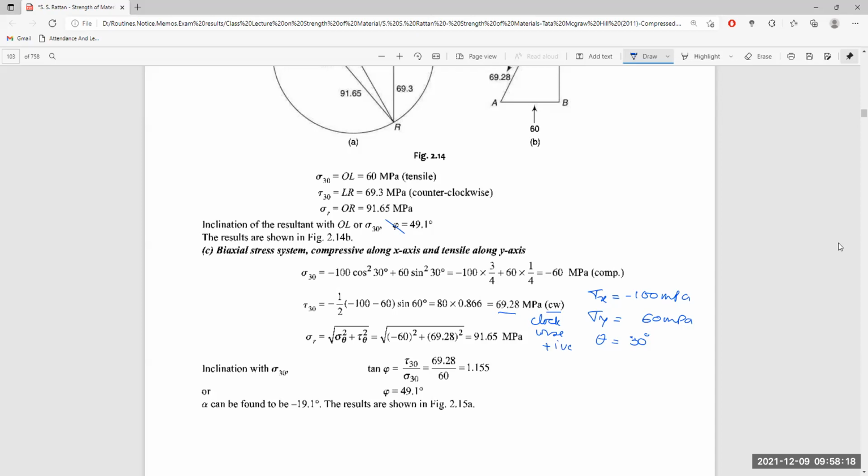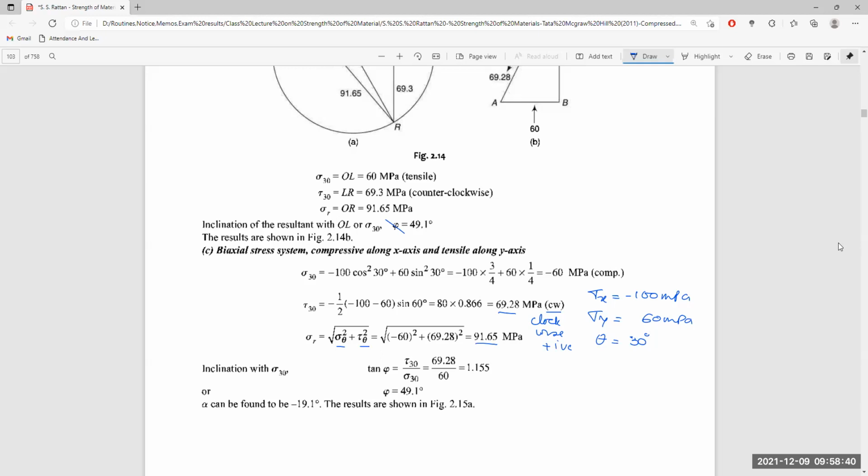If it was negative, it would be counterclockwise. The resultant stress is the square root of sigma theta square plus tau theta square, so the square root of minus 60 whole square plus 69.28 whole square, which is 91.65 MPa.